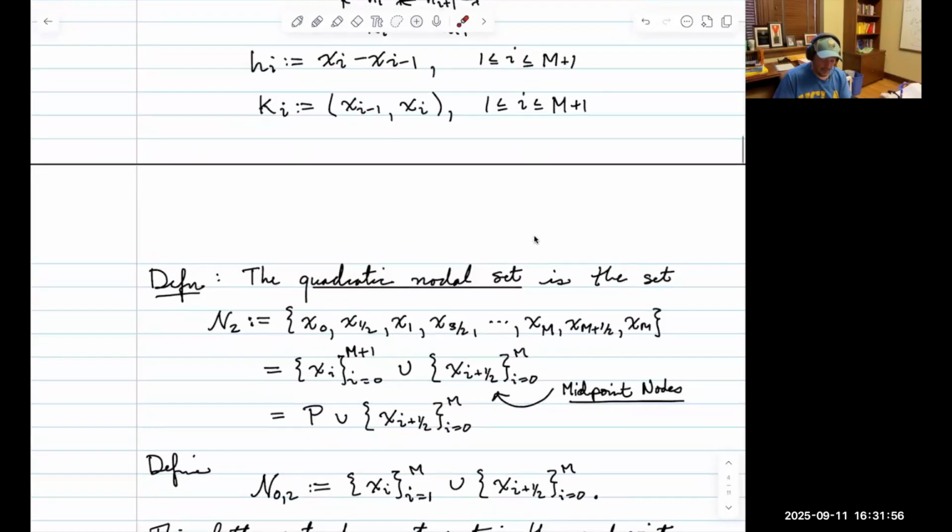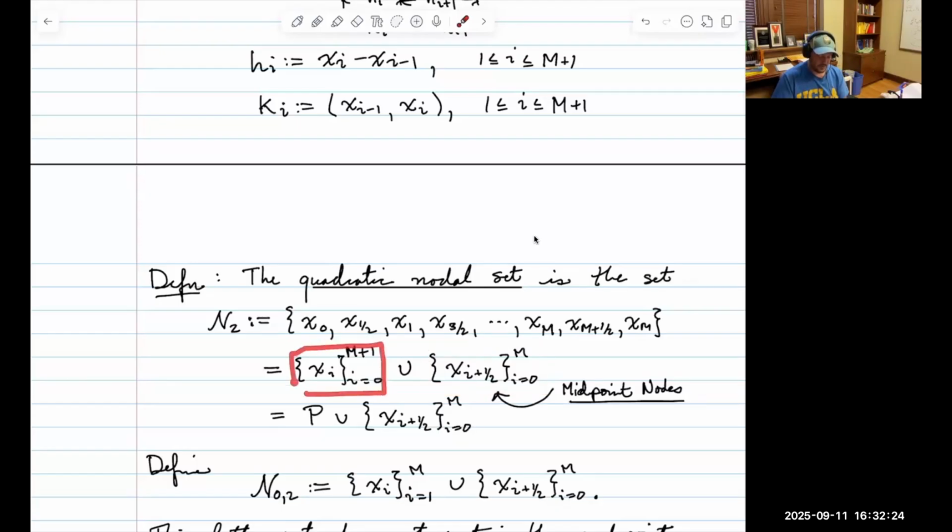So the quadratic nodal set is the set of nodes that includes all of the nodes from the original partition, and it includes also the midpoints. In other words, it's the partition points union with all the midpoints that I just calculated. Does everyone see that?